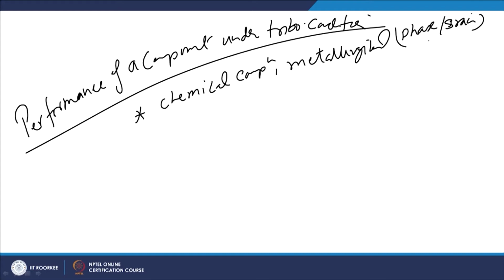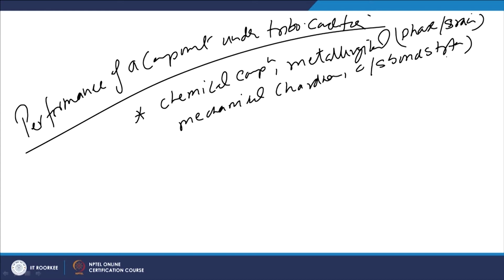Then we have to see what kind of mechanical properties it has. Primarily these include hardness, or in case of coatings it may be coating-substrate bond strength. A combination of the mechanical properties will be leading to the given set of tribological properties, which will be determining or dictating the life of the component under the tribological conditions.